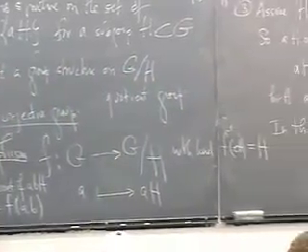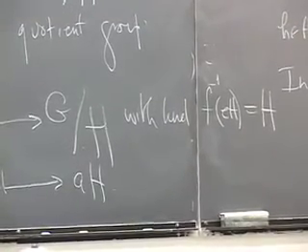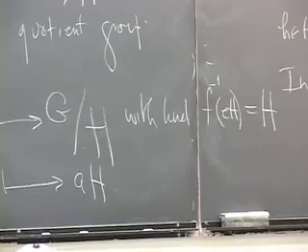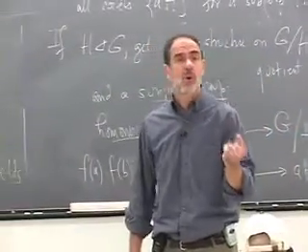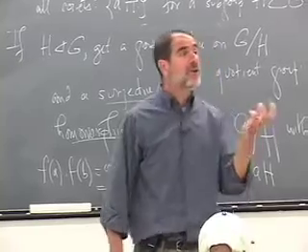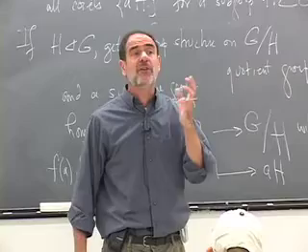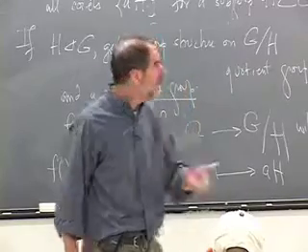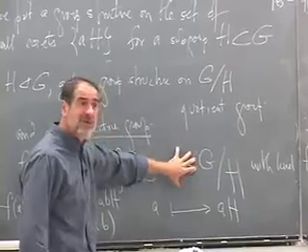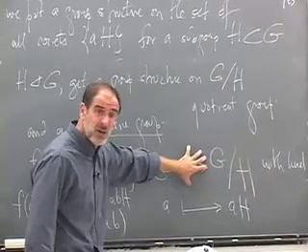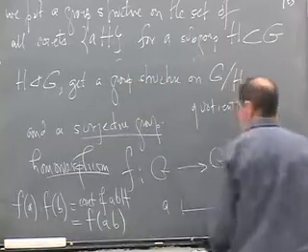And that, finally, is the answer to a question that was asked a week ago. Every group homomorphism has as its kernel a normal subgroup. Conversely, every normal subgroup is the kernel of a group homomorphism. Here it is. You have a normal subgroup. Here's a group homomorphism which exhibits it as a kernel. Let's put that down because it's so important.